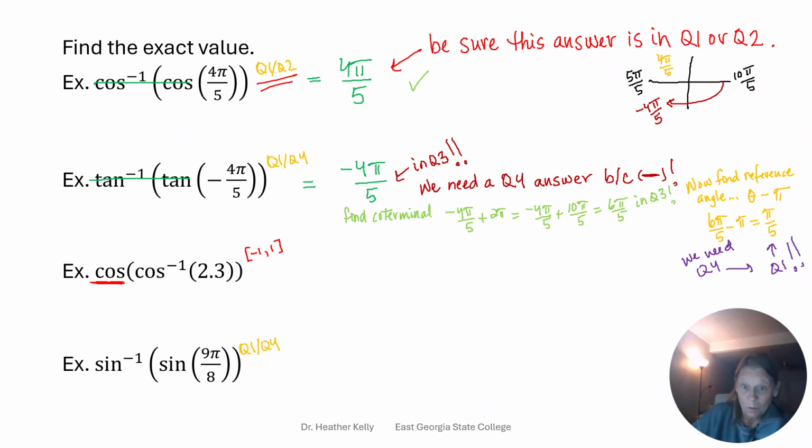We need quadrant 4. So finally, it can be negative pi over 5, right? Or if all we wanted was positive angles, that would be 9 pi over 5. Both of these answers are equivalent.